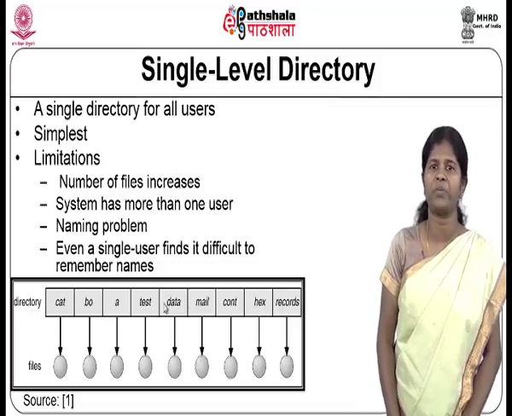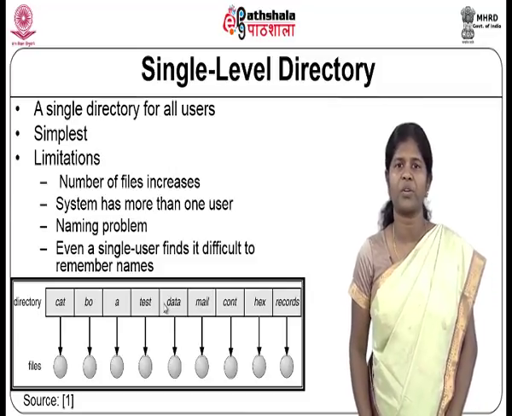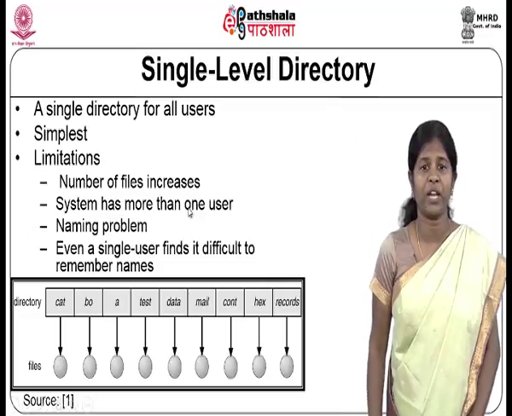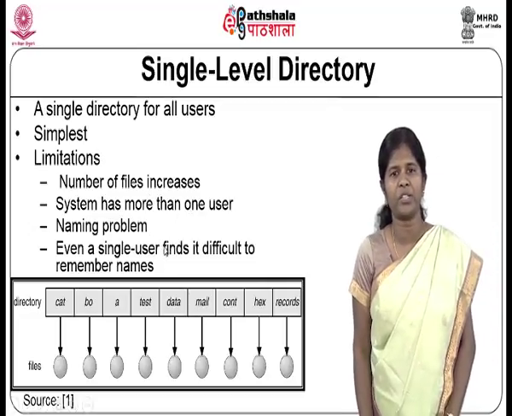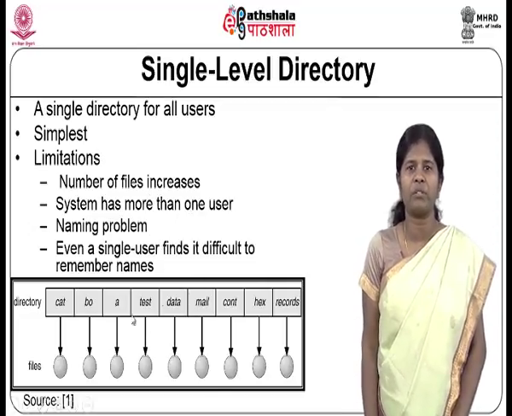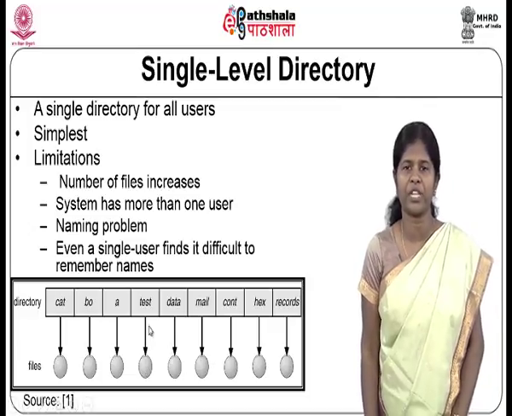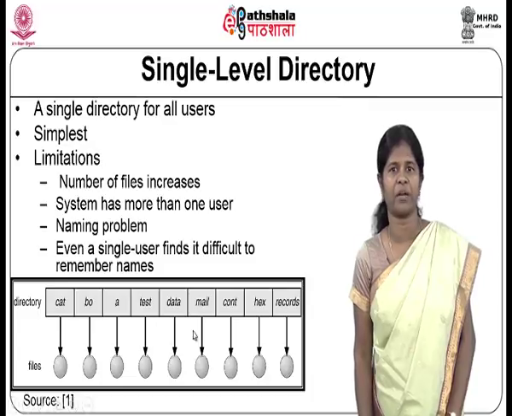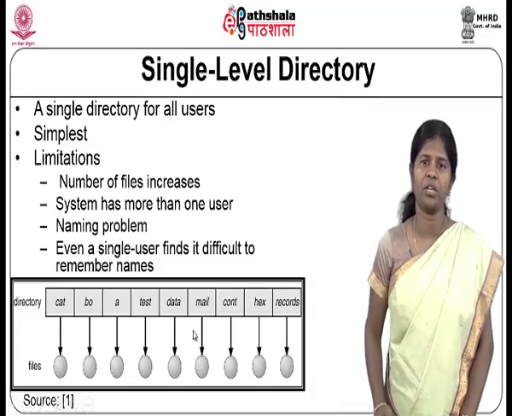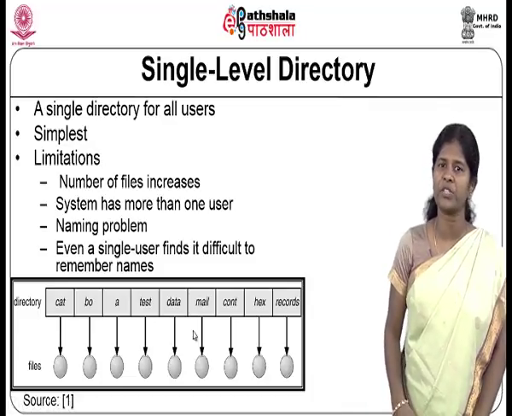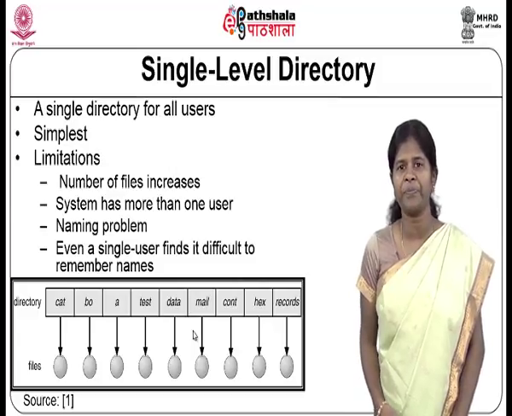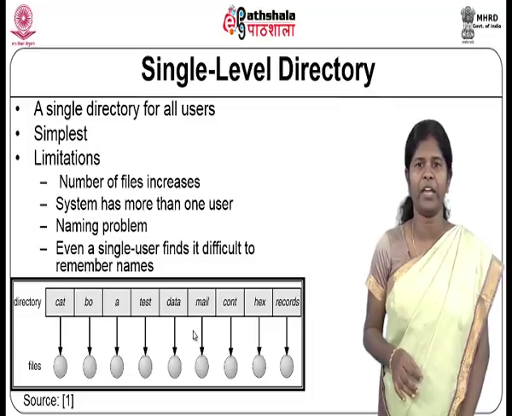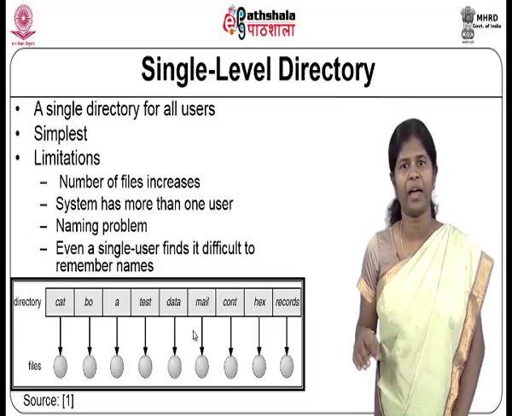So, it becomes very difficult to organize or locate files. And the system will have more than one user, and hence all the users should be able to keep track of the files they are maintaining in this directory. Naming also becomes a problem. Because only one directory is being used for many users, the name given by one user for a file should not be used by another user.